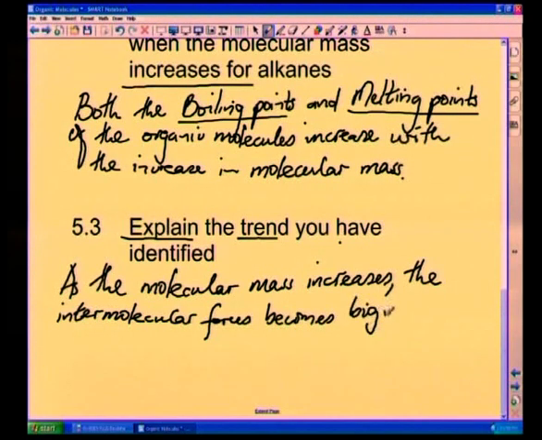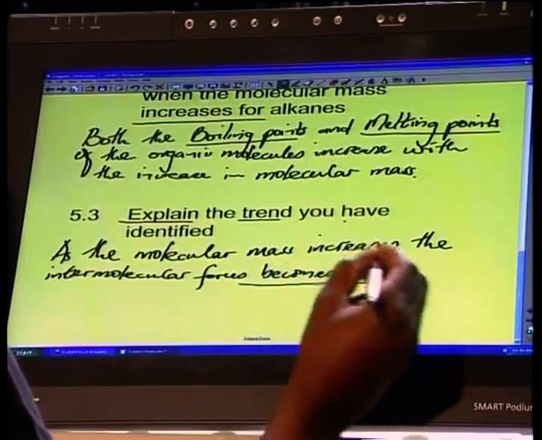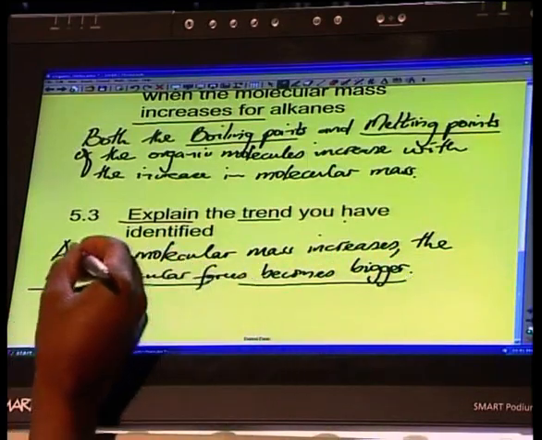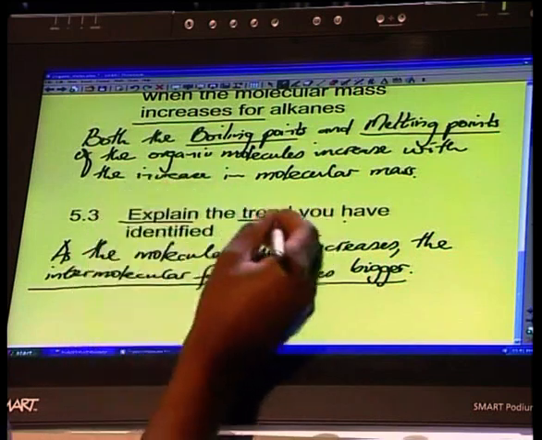When they become bigger, they hold these molecules more tightly together. Then we move from gases, where the intermolecular forces are small, so molecules are far apart from each other, to liquids, where the forces bring them closer to each other. Intermolecular forces increase with the molecular mass, and then when you come to solids, they are closely tied to each other because the forces are now even stronger, and that is the reason why we're seeing this trend. We're explaining why boiling points and melting points increase with increase in molecular mass.